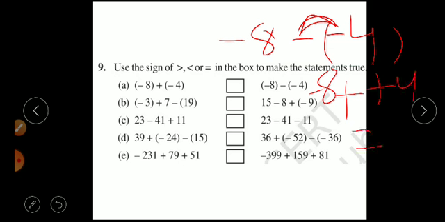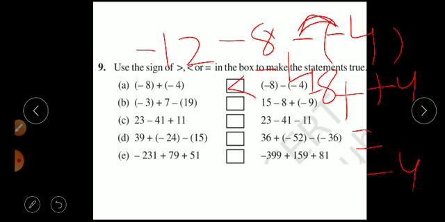The result will be equal to -4. So what is the result here? -4. And what will be the result here? -12. So which is greater, -4 or -12? -4 is of less negative sign, so -4 is greater. Okay, so this is the true statement.